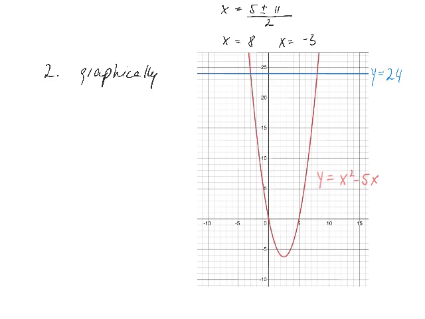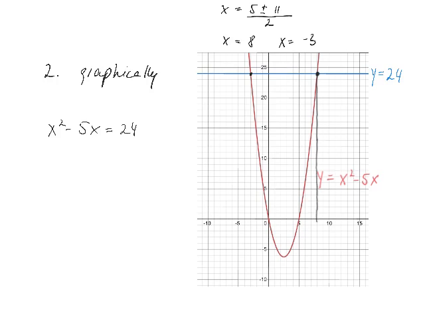So if we want to solve x squared minus 5x equals 24, we just need to look where these two, the x squared minus 5x and the 24, intersect. So that would be here, and that would be here, and then we just look for the corresponding x values.